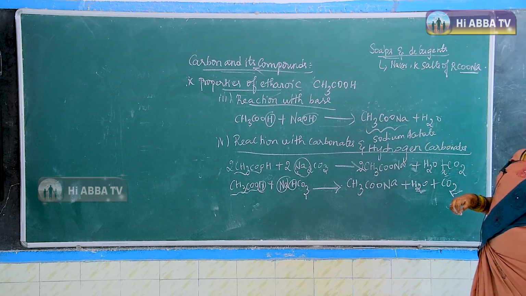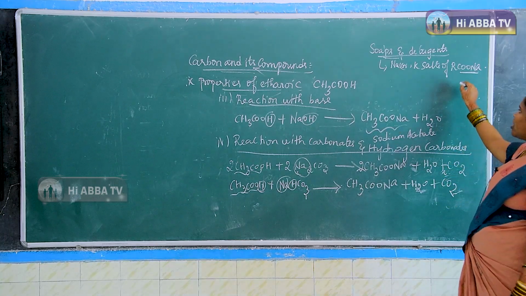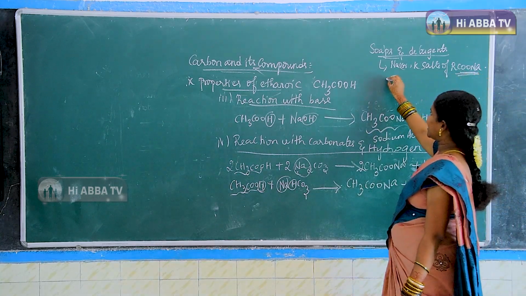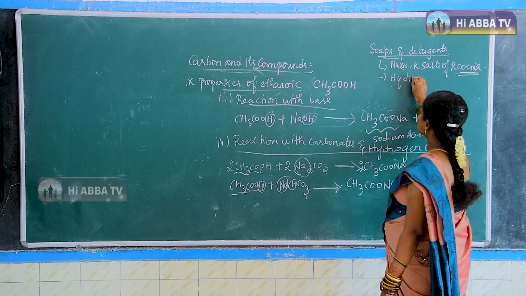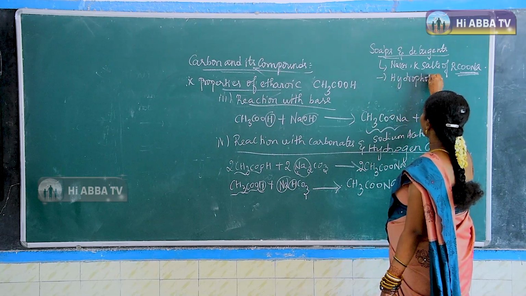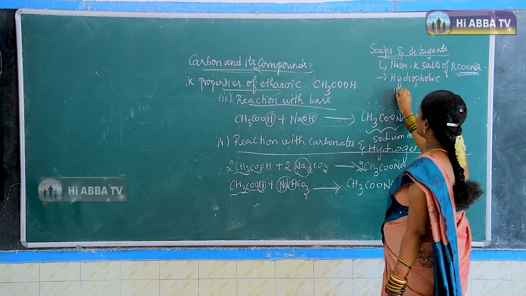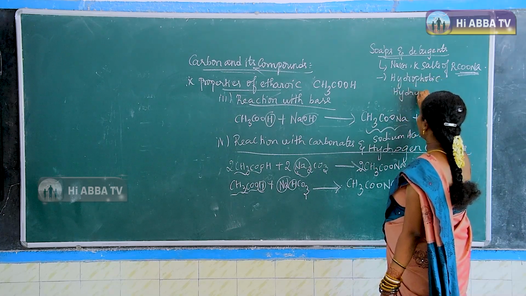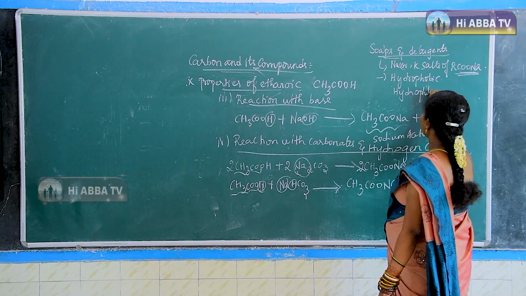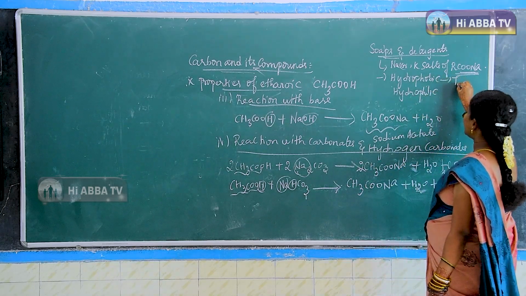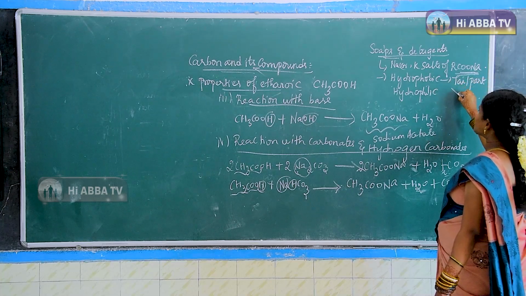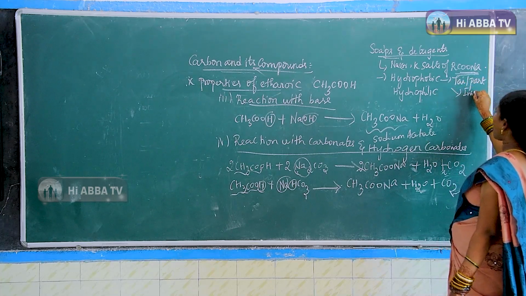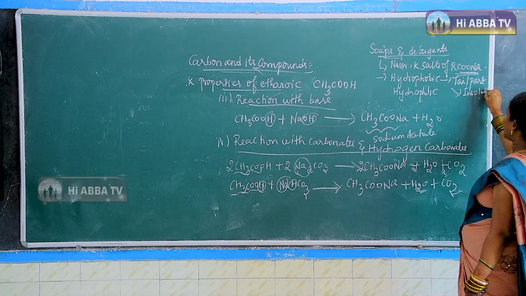It consists of sodium or potassium salts of long chain carboxylic acid, and it consists of 2 parts which we tell as hydrophobic and hydrophilic.